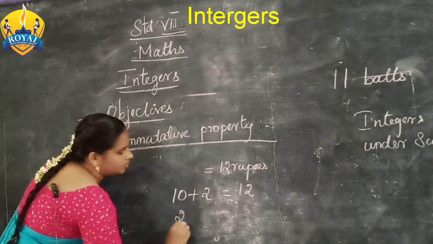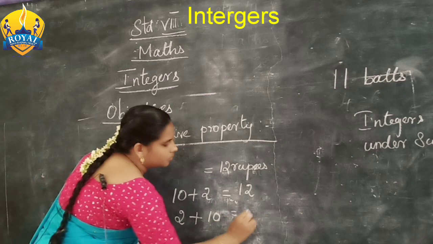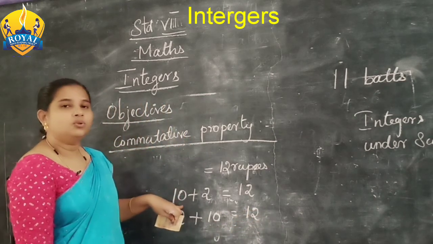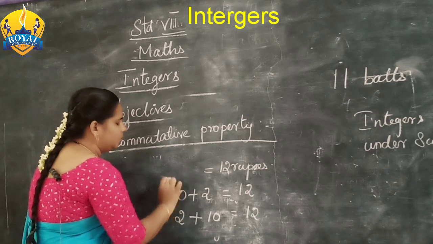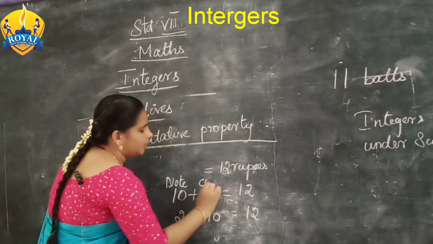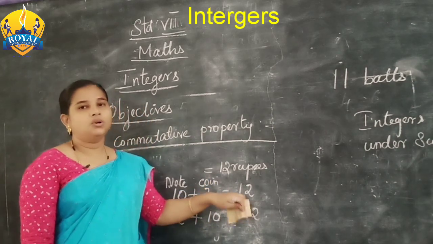Another one, coin plus note, 2 plus 10, 12. First one, 10 rupee note plus 2 rupee coin, which is equal to 12 rupees.